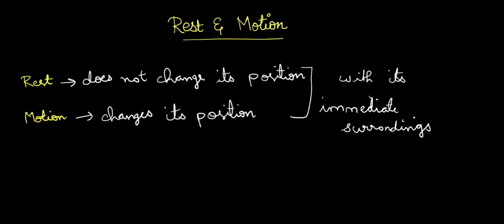So this is the definition for rest and motion. For rest, it does not change its position with respect to its immediate surroundings, and for motion, it changes its position with respect to its immediate surroundings. Now we will see some examples.